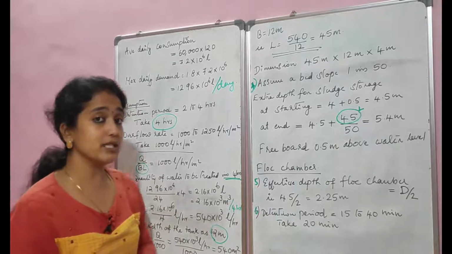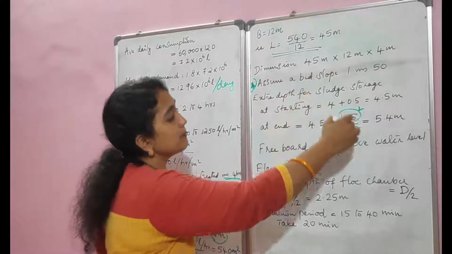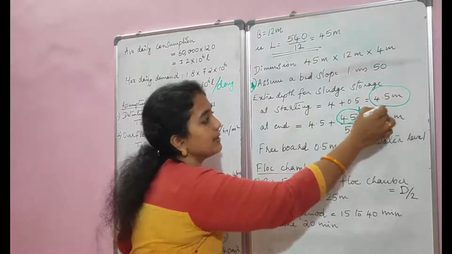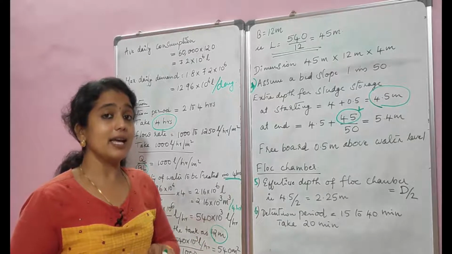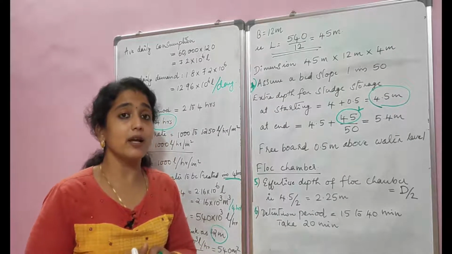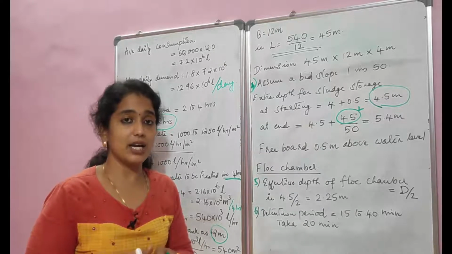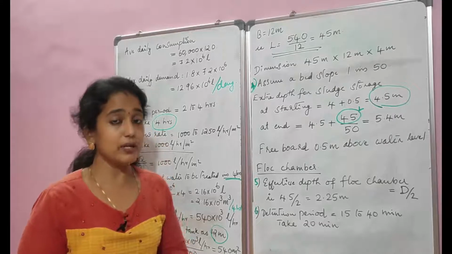What is the depth of the sedimentation tank at the starting end? Which is 4.5 meter. This 4.5 meter depth will be at the end of the flocculation chamber. That is, the sedimentation chamber will be constructed immediately after the flocculation chamber.